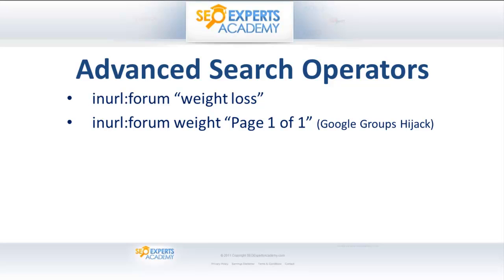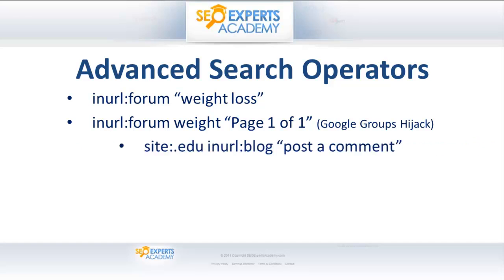I'm looking for forums that have something to do with weight, where I can get my particular post, when I join the forum of course, onto that first page where the page rank lives. What you can also do is remove that term weight or any keyword and just look around for forums where you can get onto the first page and get some page rank on your backlinks.